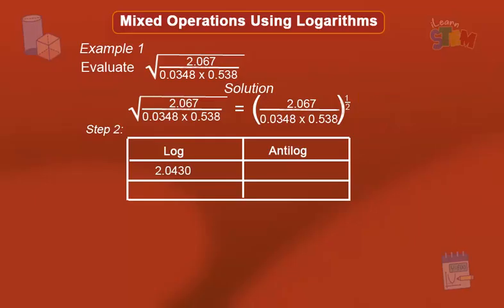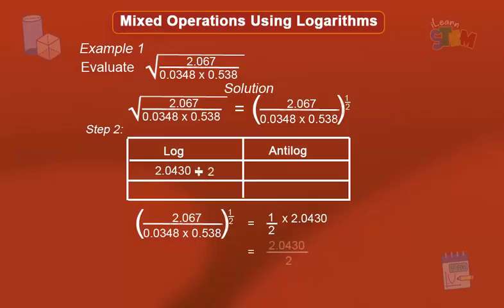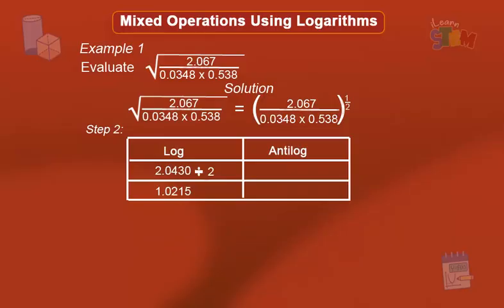Therefore, we will multiply our answer from step 1 by the fractional power of the log, 1 over 2. Let's write equal to 1 over 2 times 2.0430, which is the same as 2.0430 divided by 2. Use your calculator to verify the result. The answer is 1.0215.